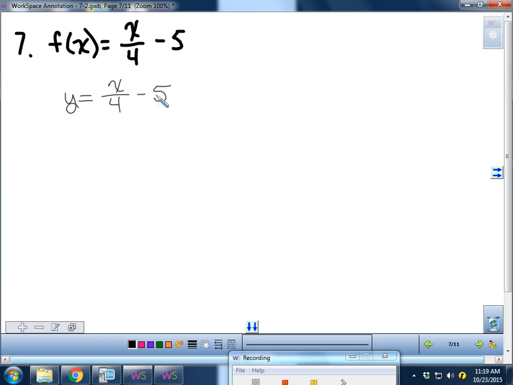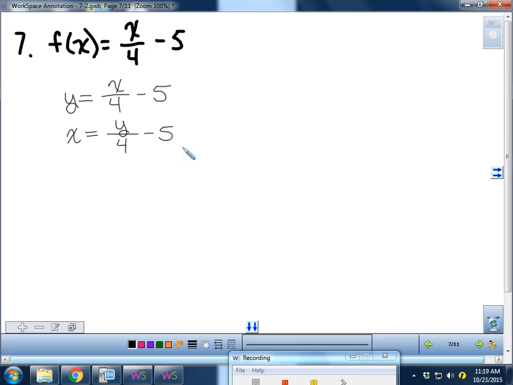Okay, once you get a y and an x, you switch spots. So x is now in the y spot, and y is now in the x spot. All right, once I have them switched, I have to solve for y.